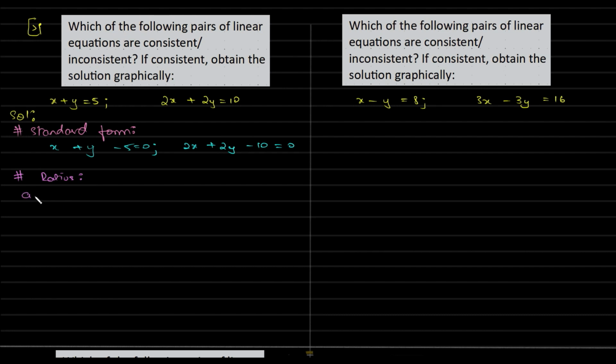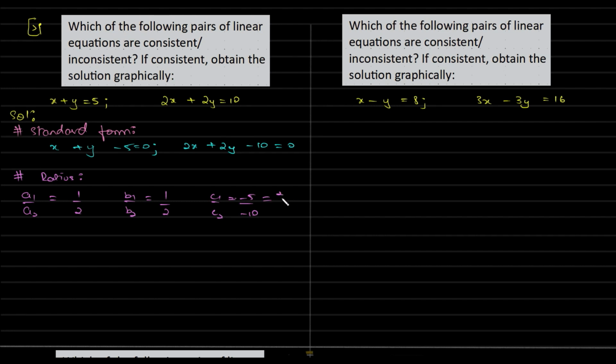So we are looking at a1 by a2 being equal to 1 by 2. b1 by b2 is also equal to 1 by 2. c1 by c2 is equal to minus 5 by minus 10.